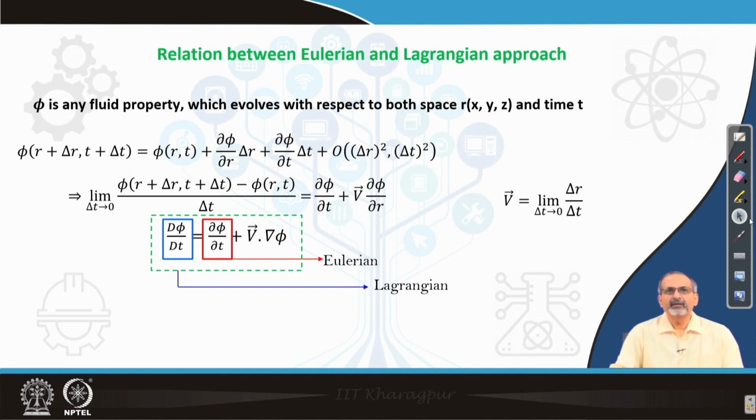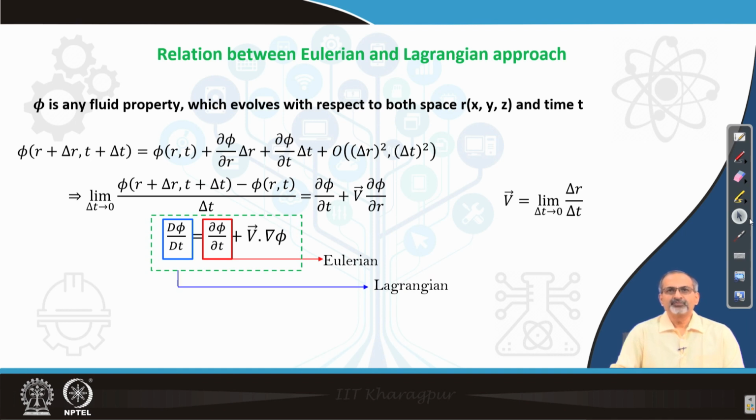Therefore, if we had looked at phi at some point of time t, its position vector might have been r at that point, while if we look at it at a little later point of time, say which is delta t away from the initial time, then the position vector would have also changed from r to r plus delta r.